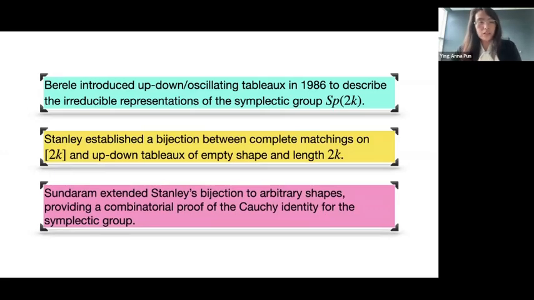And Sheila in the audience also extended Stanley's bijection to arbitrary shapes, providing a combinatorial proof of the Cauchy identity for the symplectic group.